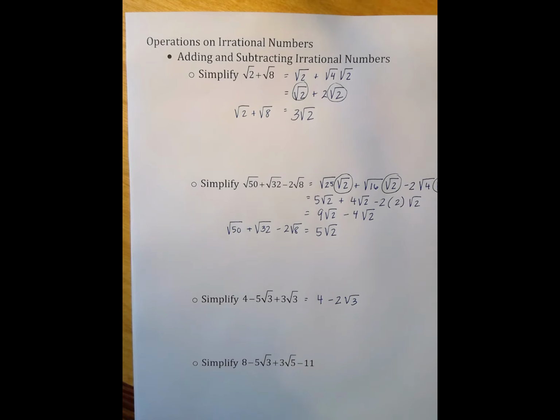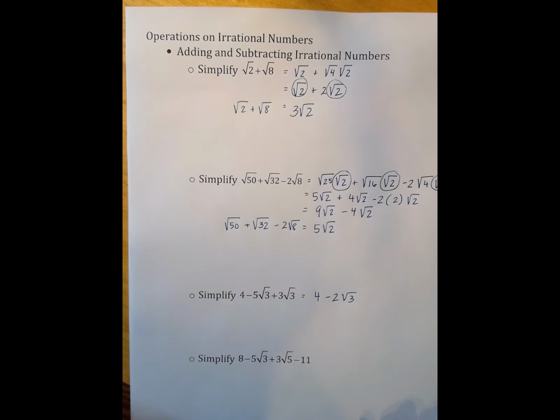My next example, my last for adding and subtracting irrational numbers, in this example, it turns out that my like terms in this case are the ones that don't have any square root. I can't simplify the square root of 3, and I can't simplify the square root of 5. So they simply stay, the square root of 3 and the square root of 5.